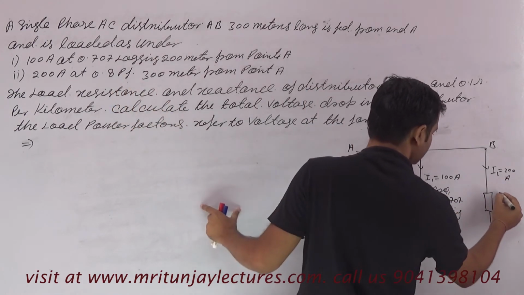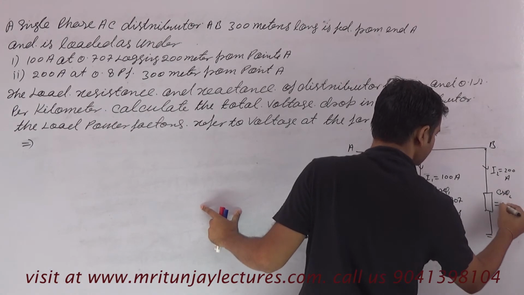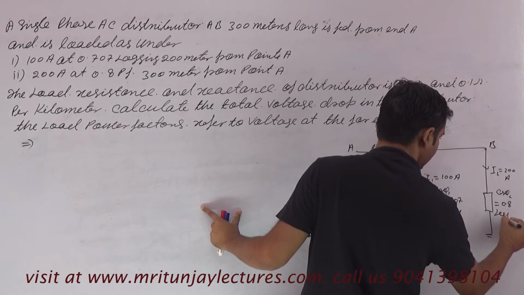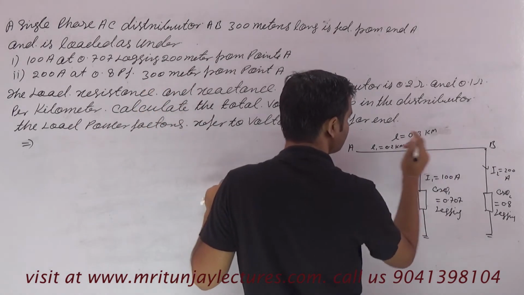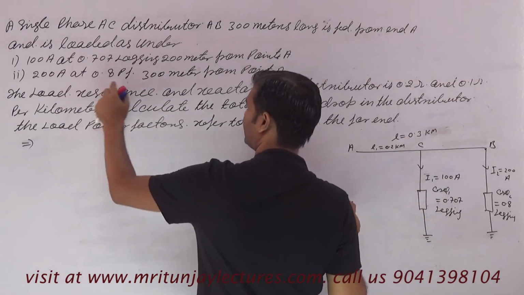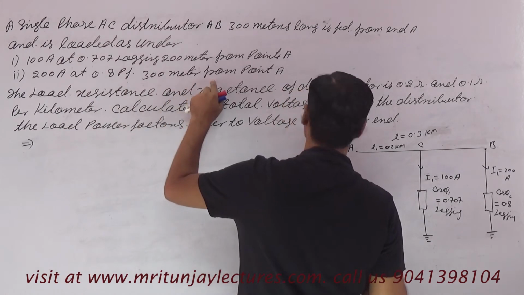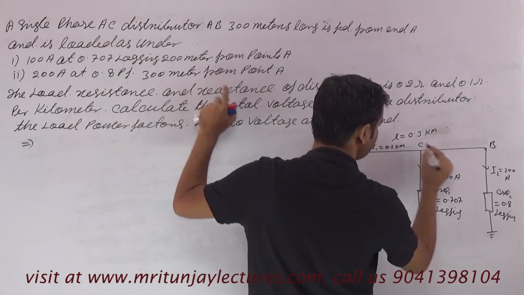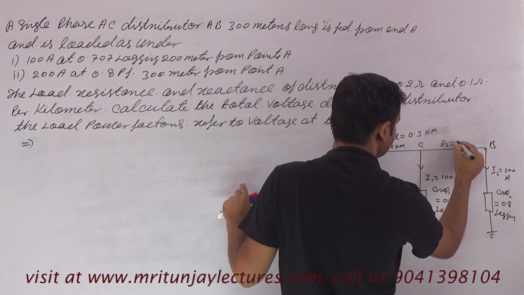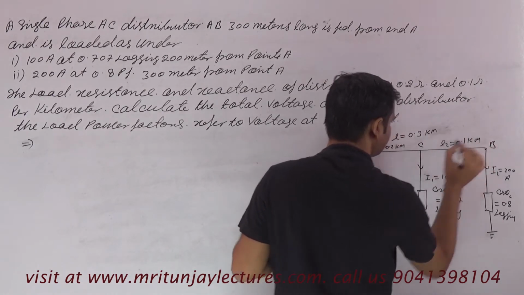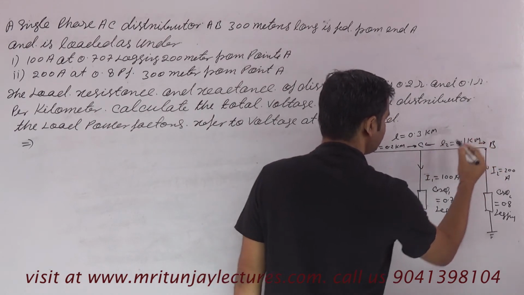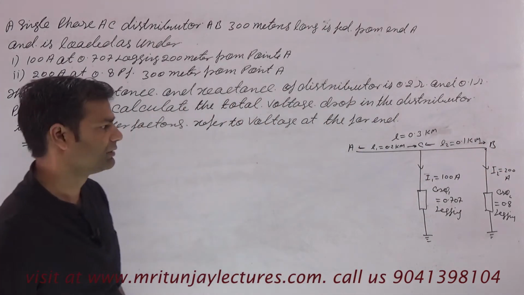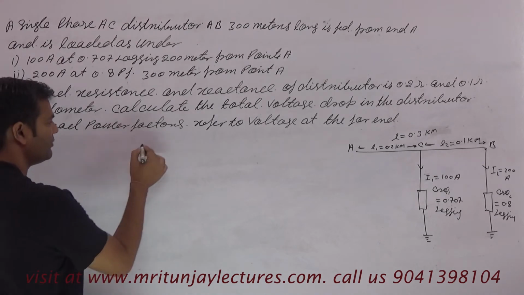Power factor cos phi 2 is equal to 0.8 lagging, and that is 300 meter from here to here, so L2 is 0.1 kilometer. Clear? L1 is the distance between AC and L2 is the distance between CB.